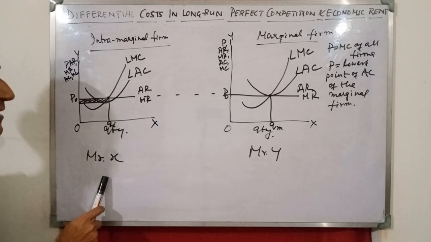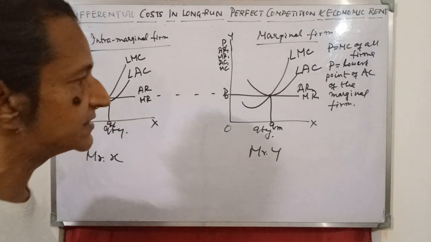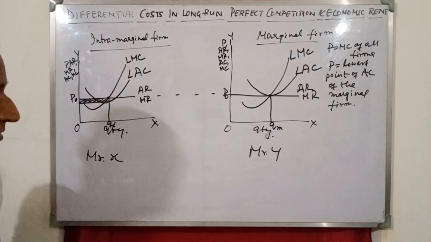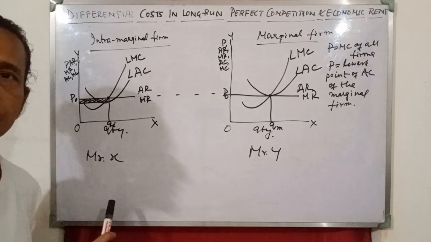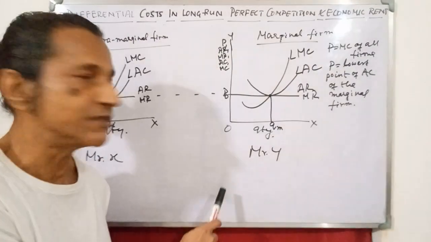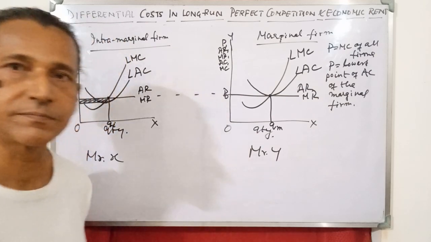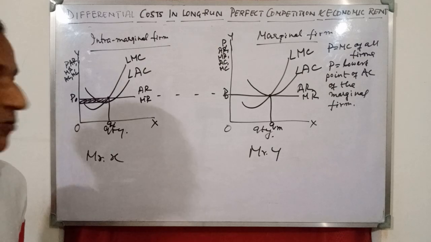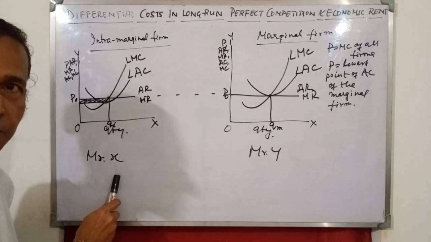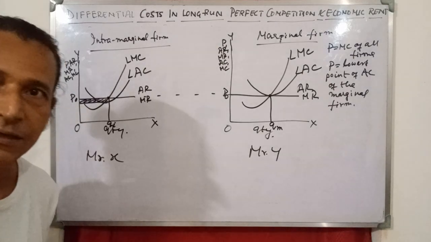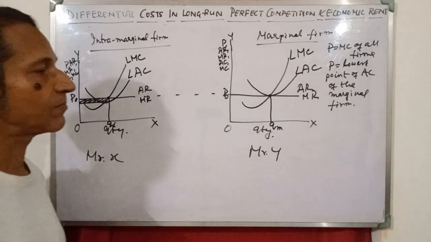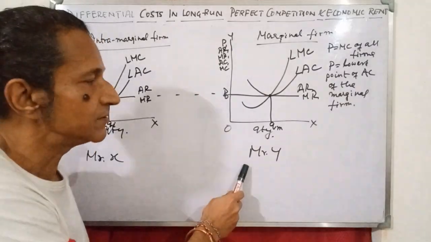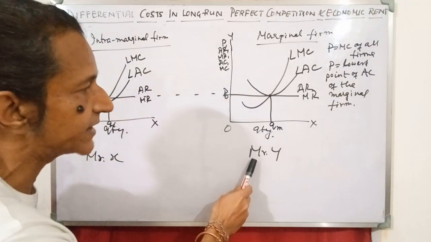Now suppose Mr. X is being paid a salary which is 10,000 higher than Mr. Y. Correct? But Mr. X's expectation is to earn a salary which is 20,000 more than Mr. Y. So there are other firms who will try to engage Mr. X or appoint Mr. X by offering a salary which is, say, 11,000 more than what Mr. Y is getting.